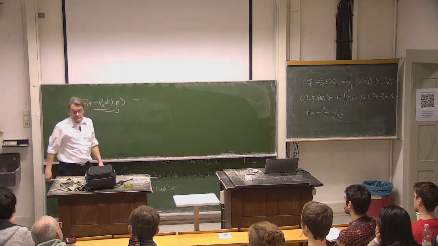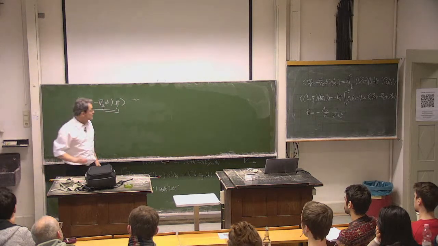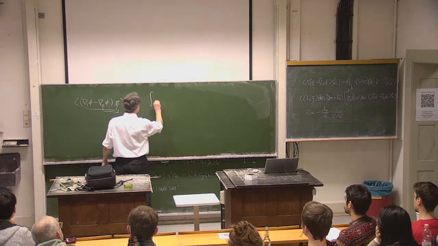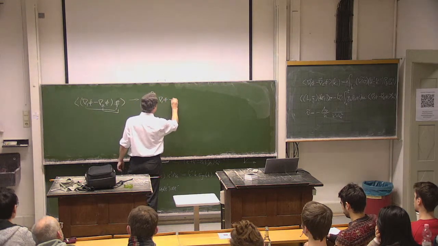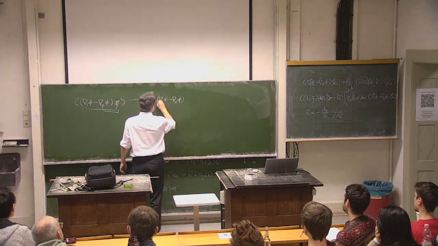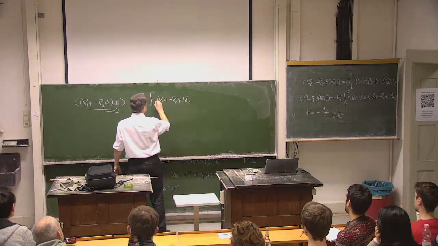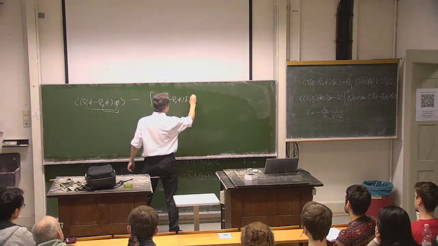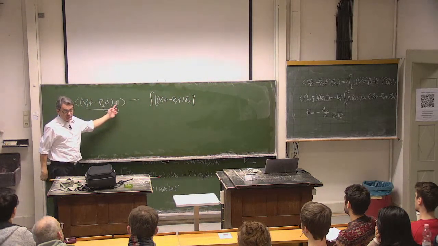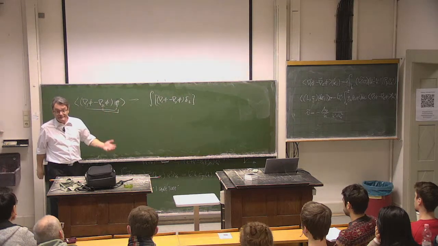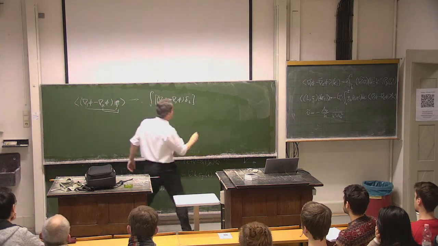So rather than doing what we did so far, we should do the following thing here. I'm calling the density contrast here, density contrast at the position 3, delta 3.